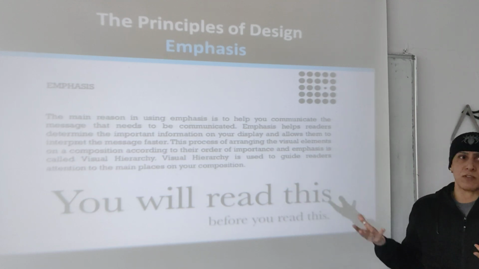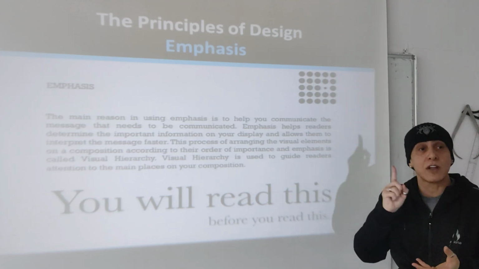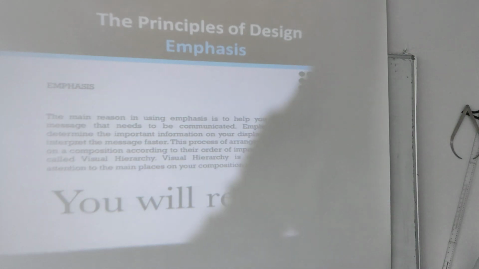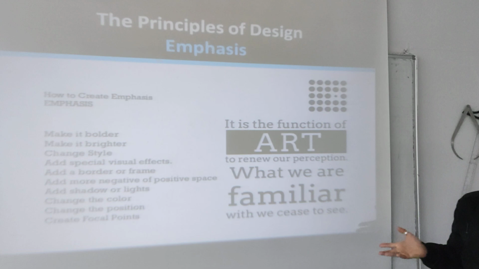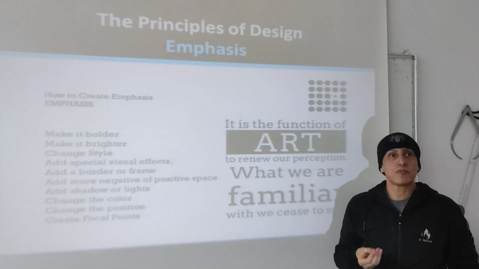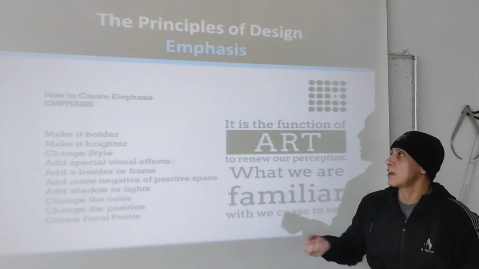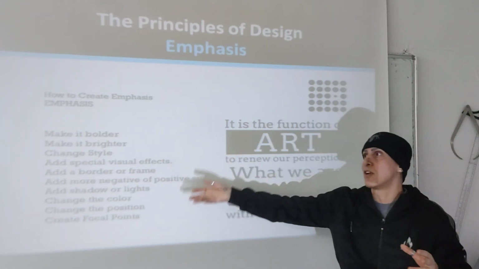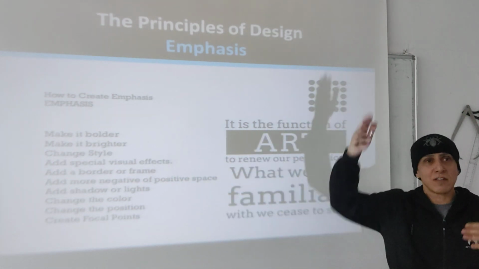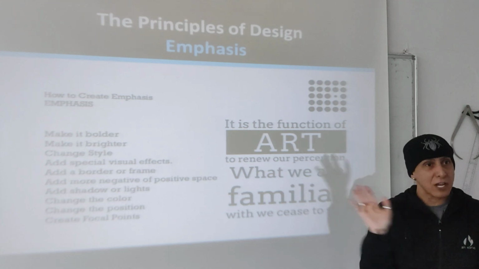There are many ways to create emphasis with text alone. With text, okay? Like here. For example, we know that there are a lot of fonts, font types. This could be Times New Roman, we have Arial, we have Calibri, and so on. So many font types, okay?